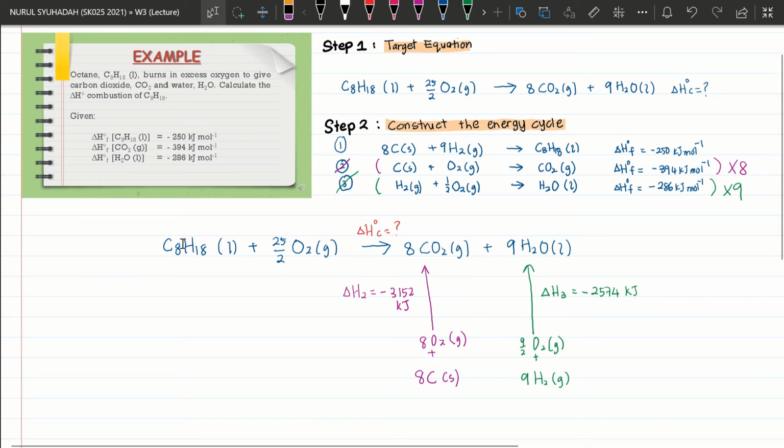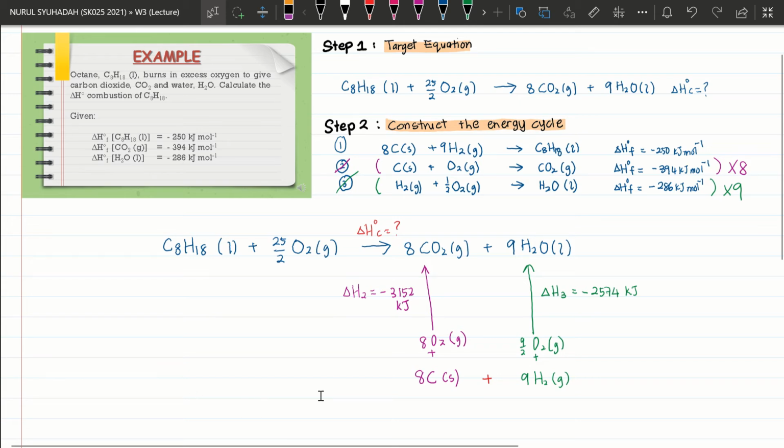The equation for octane is this one: 8 carbon plus 9 hydrogen to produce C8H18. We already see here we have carbon and we have hydrogen, so you just need to put the plus sign over here. So 8 carbon plus 9 hydrogen to produce 1 mole of C8H18.